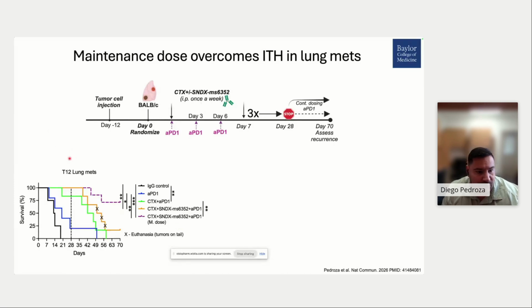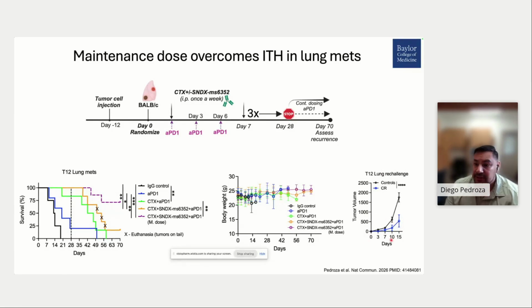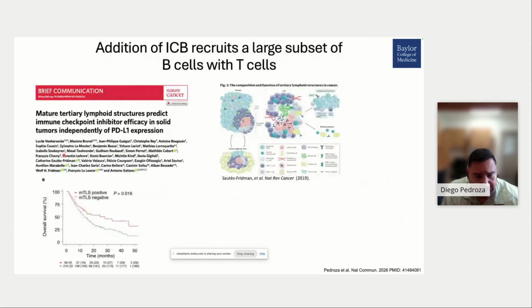Yeah, and so this was the long-term response in the lung. As you can see again, once we repeated the experiment, we were now able to prolong the response of these mice up to 70 days. We didn't see any drop in weight, and we were able to re-challenge these mice, and we saw a really good response in the mouse model.